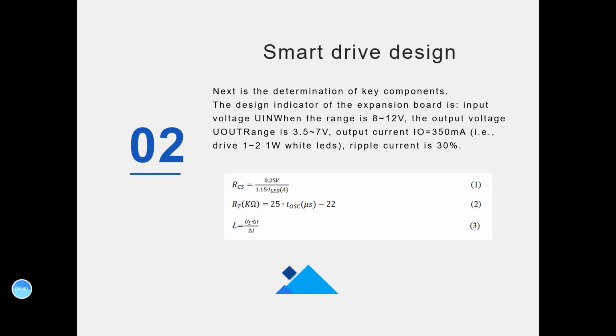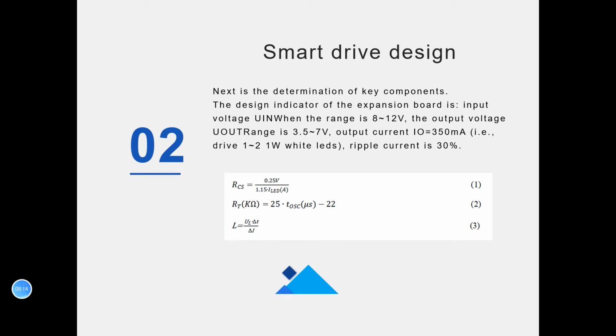Output current I out equals 315 milliamperes. Ripple current is 30%. The components to be determined are the current detection resistor R2, oscillation resistor R1 or R3, power inductor L1 in the switch converter circuit, field effect transistor Q1 and diode D1.